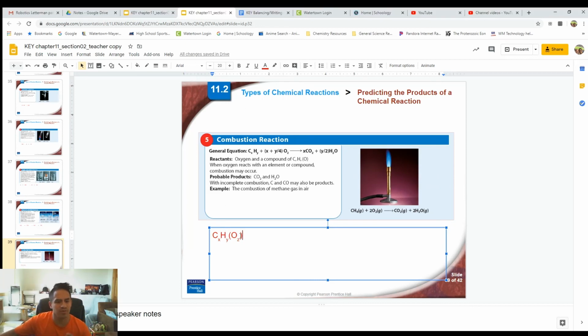So some carbon-based hydrogen compound, and it's going to be reacting with O2, and you're always going to make CO2 and H2O. Okay, that's your general equation for combustion. So anytime you see any kind of compound with carbon and hydrogen or oxygen or whatever reacting with oxygen, that should be a dead giveaway. That's a combustion reaction, and these are always the products that you make.